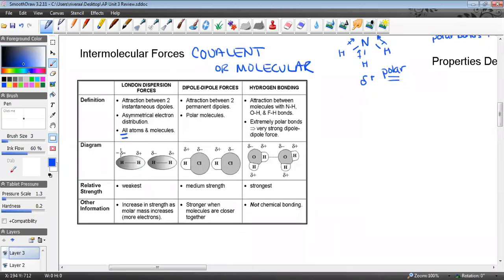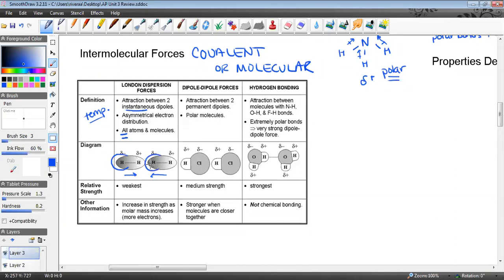And in order to get these areas of partial positive and partial negative, those would not just naturally be there between 2 hydrogens. They would have to come close together. And so we have a temporary dipole, okay, instantaneous or temporary. Meaning when these 2 things are close together, the electrons over here are going to shift and make this side of the molecule a little bit more negative and bigger, and this side a little bit more positive.